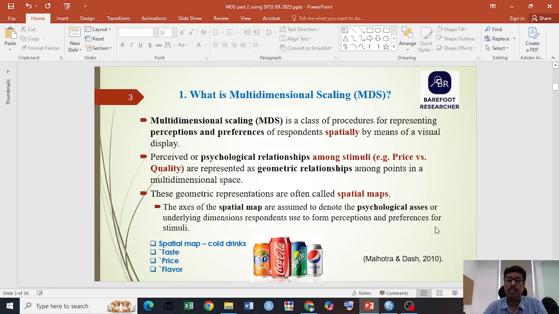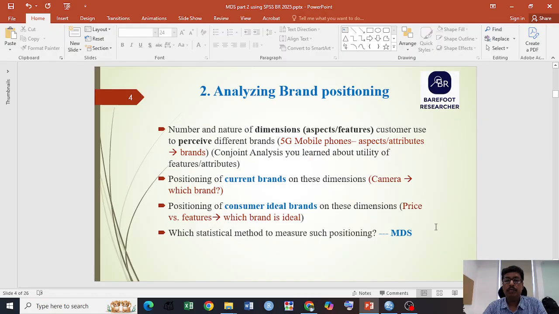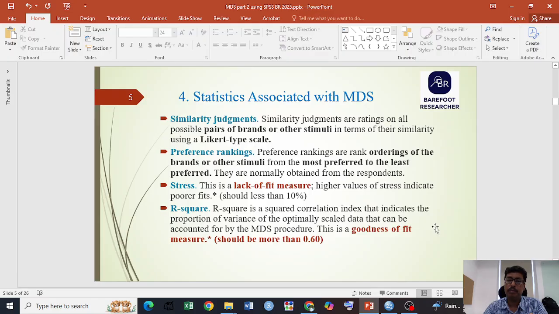In the cold drinks example I mentioned, we can put these brands in terms of taste, price or flavors. It could be used for brand positioning. You can do the MDS for the current brands and for the ideal brands, in terms of price versus feature. I can compare one brand with the other. That's why MDS is a very suitable procedure.